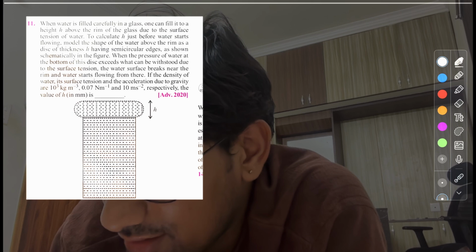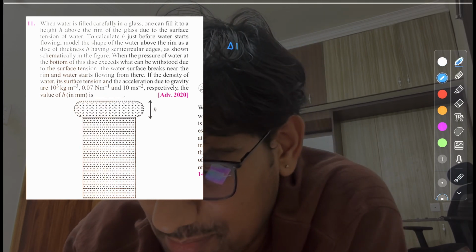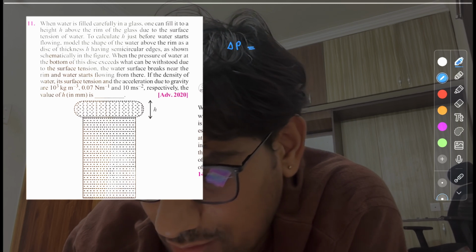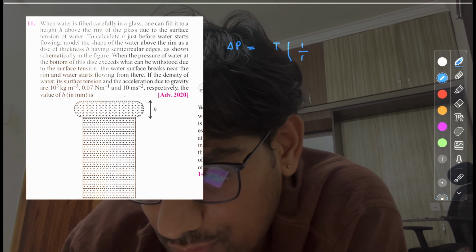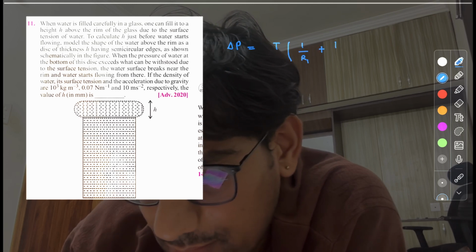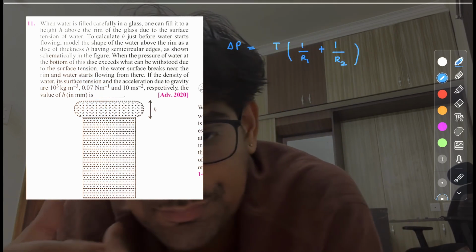You must know this equation: the pressure difference according to the Young Laplace equation is T times (1 by R1 plus 1 by R2). This is the pressure difference.